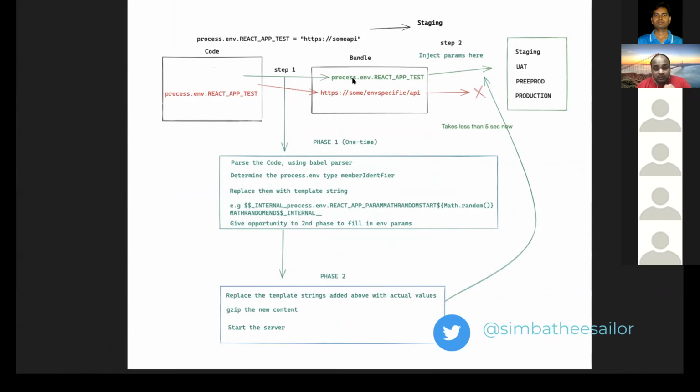Once this bundle is generated, it cannot be used for different environments, because the code is very specific to, say, staging. There's no deterministic way of pulling those things out, because by that time a lot of minification and dead code removal might have happened due to our wonderful bundler. It's not that easy, and it's not at all safe.